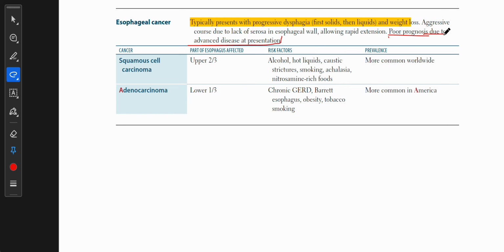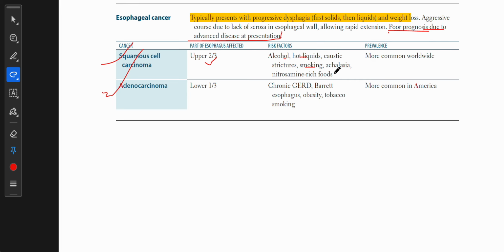So squamous cell carcinoma and adenocarcinoma, these two are the main things we have to remember in esophageal carcinoma. Squamous cell carcinoma usually occurs in the upper to middle third, and the risk factors here are alcohol, hot liquids, caustic strictures, smoking, achalasia, and nitrosamine-rich food.